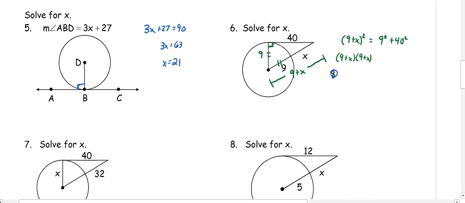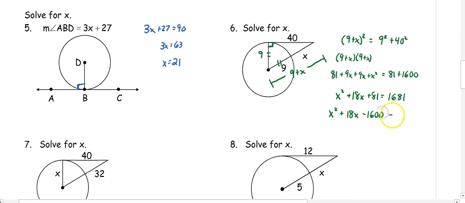So 9 times 9 is 81 plus 9x plus 9x plus x squared equals 81 plus 1,600. So we would get x squared plus 18x plus 81 is equal to 1,681. So we're going to subtract the 1,600 over. So we would get x squared plus 18x minus 1,600 equals 0.